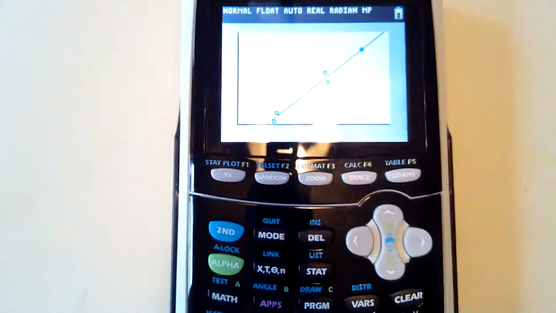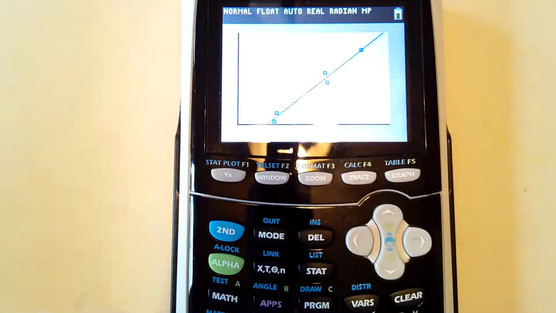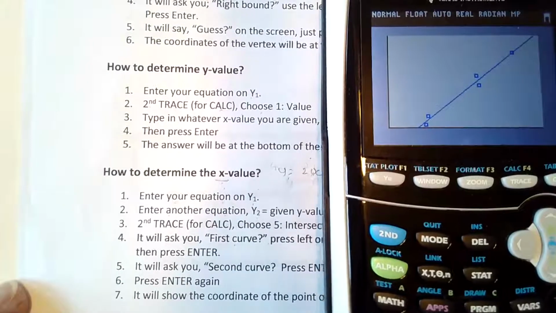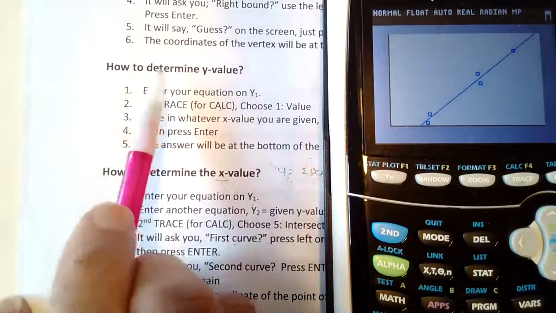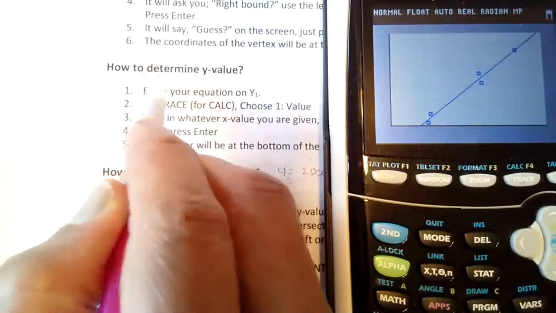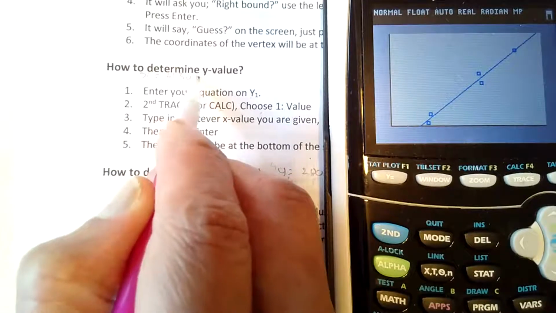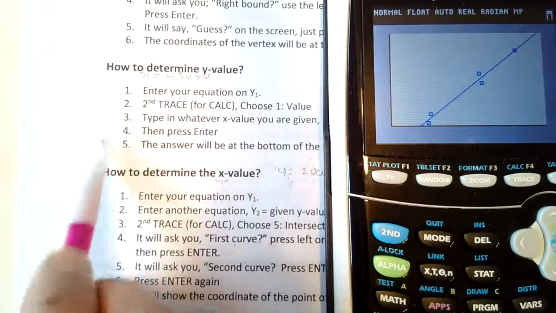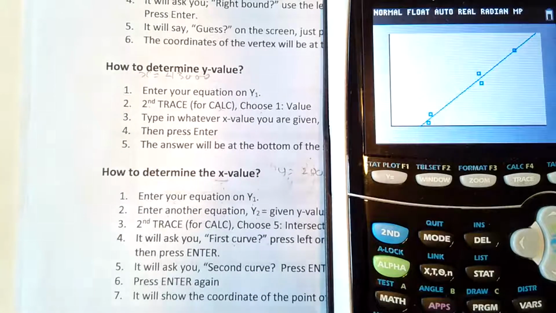Now, in your handout, you'll have to go to the second page. We want to find a y value. Here where it says determine the y value, we give the x value, in this case, x is equal to 43,000. We want to find a y value, so we'll use this set of instructions.